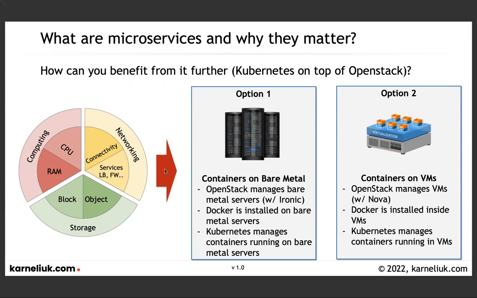In this case, you could use OpenStack to manage your physical infrastructure and then deploy user workloads using Kubernetes on the bare metal servers. Then we install Docker. We could also install CRI-O, but Docker is probably the most popular tool these days. And then we install Kubernetes to manage the Docker containers.